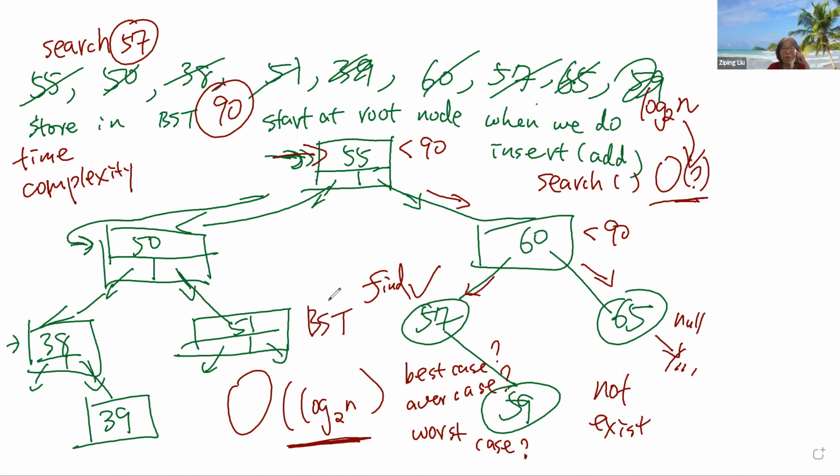I didn't put the question clearly. Among the average case, what's the perfect scenario for the log 2n? Half and half, half the nodes on one side, half the nodes on the other side?